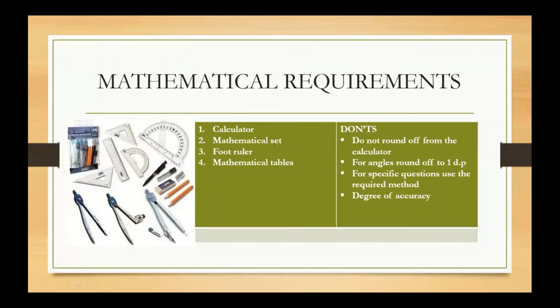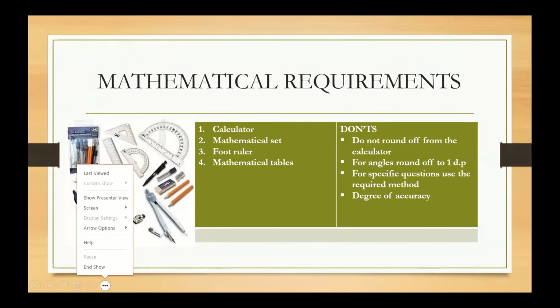There are things you must go with. One, you must have a calculator. In case you don't have a calculator with you, please carry it. Then you need a mathematical set, a foot ruler, and then the mathematical tables. The mathematical tables will always be provided by the school. So as you go for your paper, please ask the teacher that you need a mathematical table.